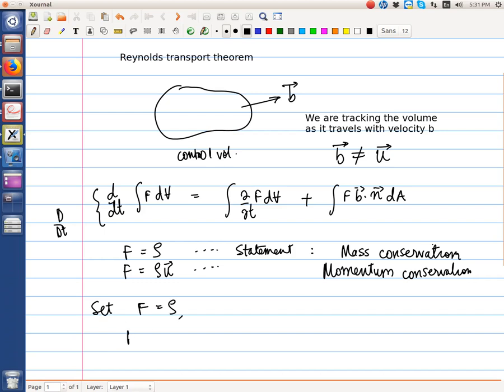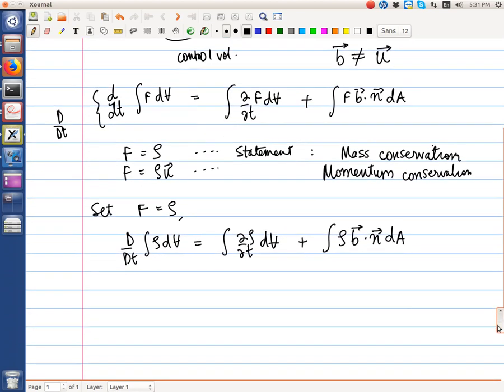So we have d/dt of integral rho dV. This is equal to integral of del rho/del t dV plus integral rho b dot n dA. The left-hand term implies the rate of change of mass held in the volume moving with velocity b.